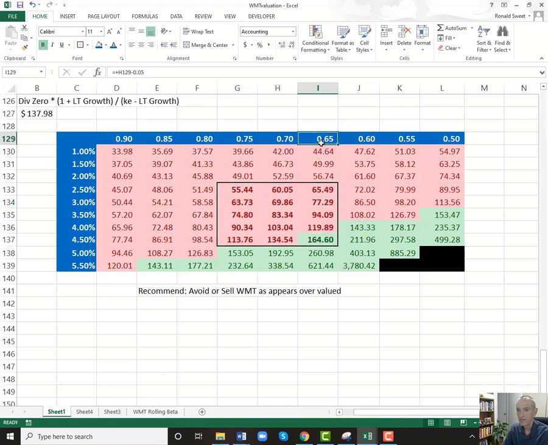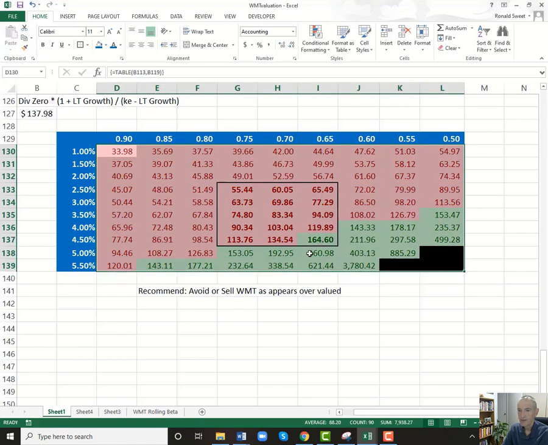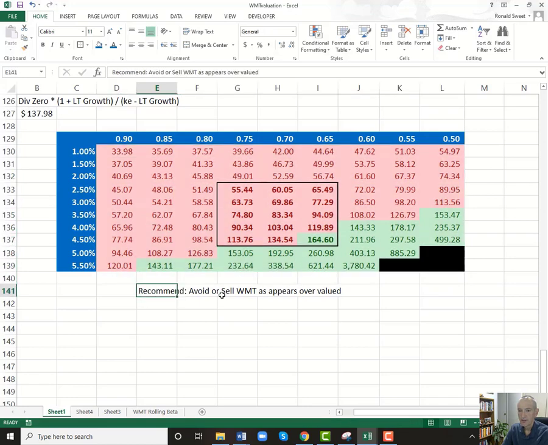That's with a beta as low as 0.65 and growth of 4.5%. But most of the table is pink and doesn't tell a strong story for Walmart. They could be worth as little as $50, $60, $69, and they're trading for $137.